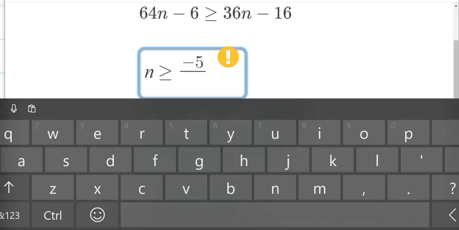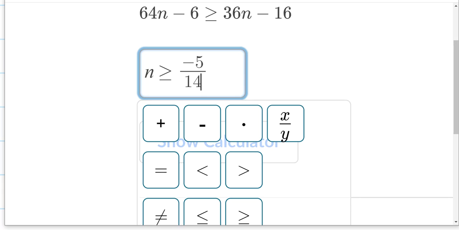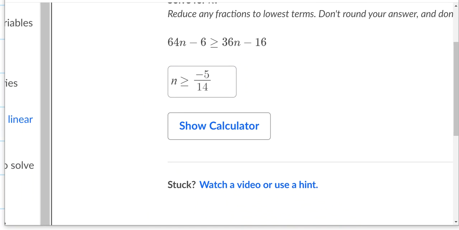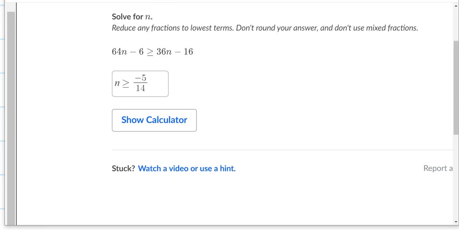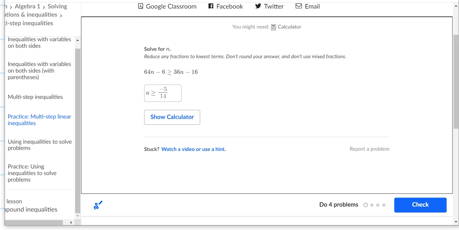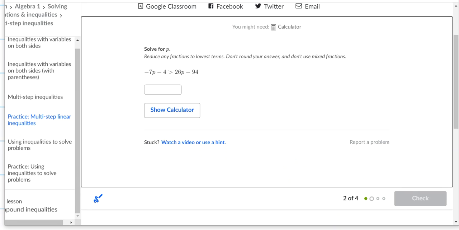Now again, my computer that I'm recording this video with is a touch screen, so I'm having to navigate back and forth between a couple different on-screen keyboards. If you're doing this with your phone, I believe the numerical keyboard automatically pops up. If you're going to do this on your computer, of course, you can use the keyboard itself to type in your results. So again, I'm pretty satisfied with this answer. I'm confident I've done the work correctly so far. So when we press check, we get the notification that we're in good shape.